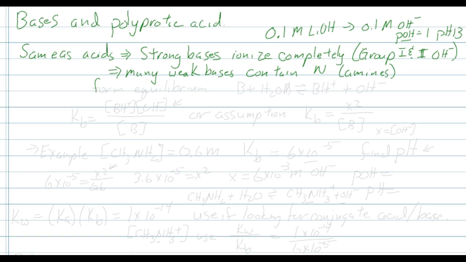These things will form an equilibrium: your base B plus water, liquid, in equilibrium, where the base is a proton acceptor, so it gains an H plus, and the water must be the conjugate acid, so it's going to lose an H plus and turn to OH minus. So that's where your OH minus comes from.